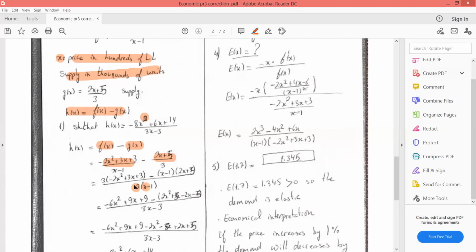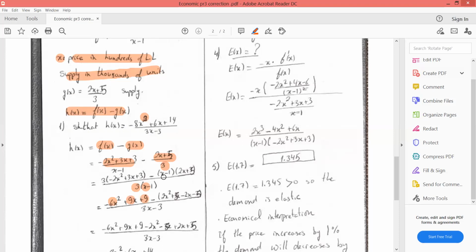So the LCM is 3 and x minus 1. This 3 is multiplied by this numerator, and this x minus 1 is multiplied by 2x plus 5. We expand: minus 6x squared plus 9x plus 9.